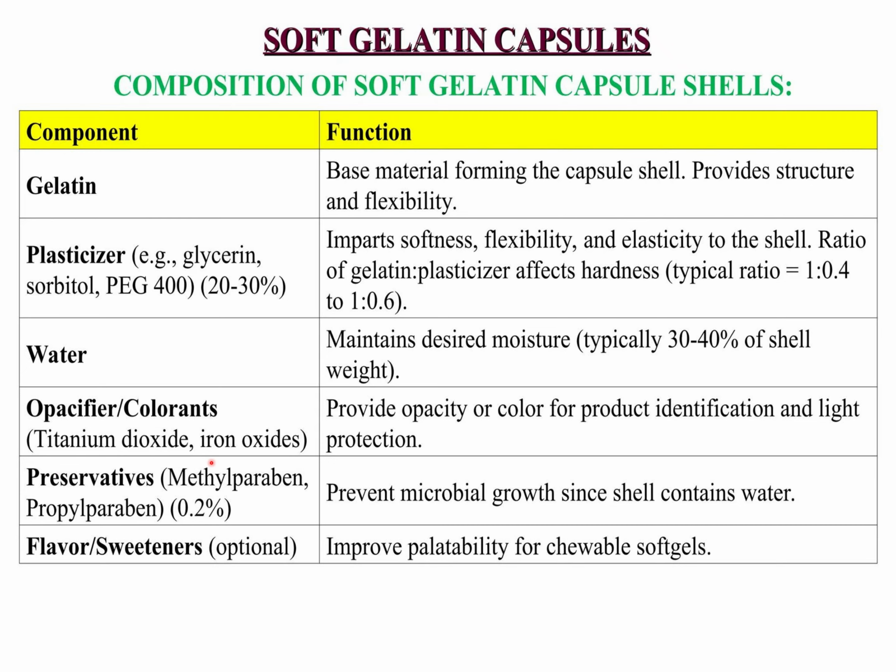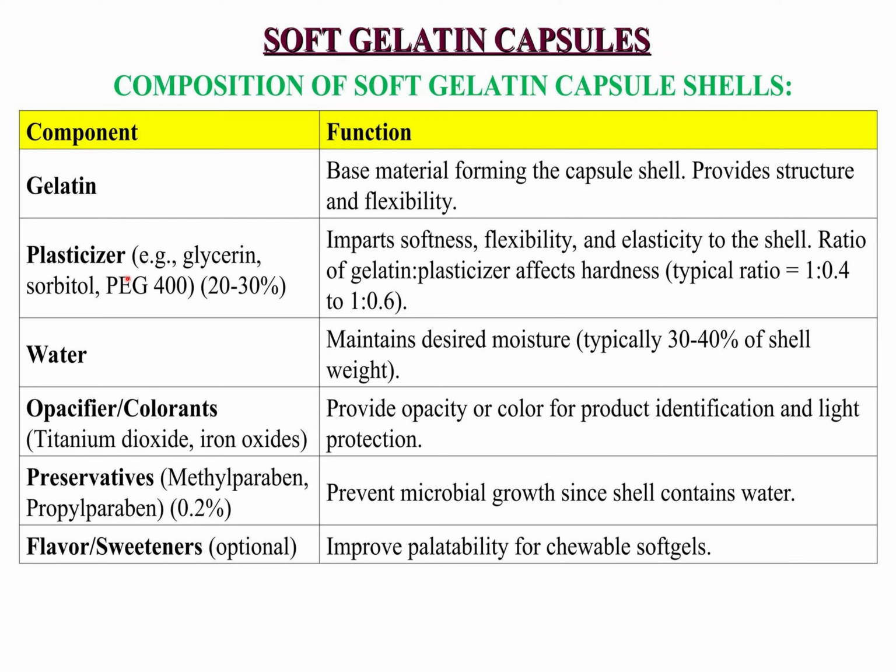So these all are much more similar to that of hard gelatin capsule. So first of all, gelatin, these are base material forming the capsule shell, provide structure and flexibility. So this is the main component of soft gelatin capsule because this component separates itself from any other dosage form like liquid dosage form, semi-solid dosage form, suppositories, tablets, okay, etc.